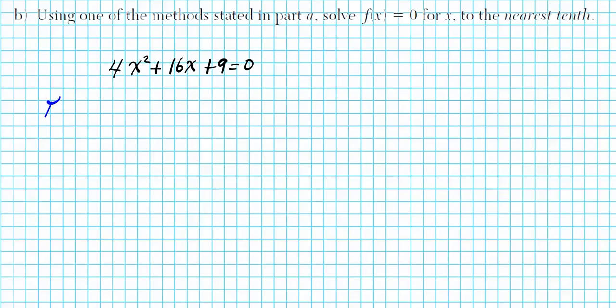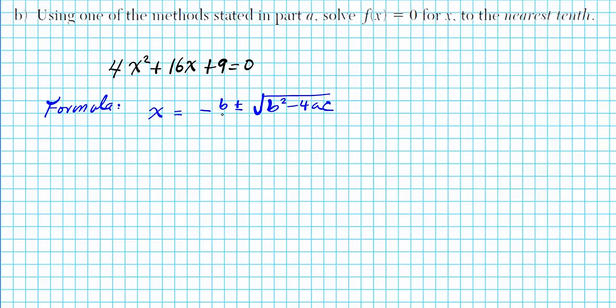Okay, so let's write down the quadratic formula. The hard part about solving using the quadratic formula is remembering the formula and writing it correctly. There's a quadratic formula song. You can sing it when solving it.